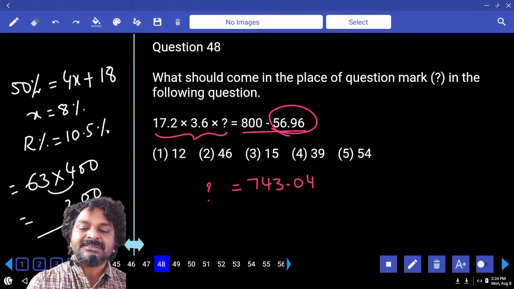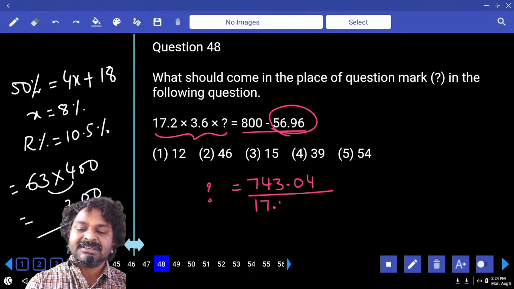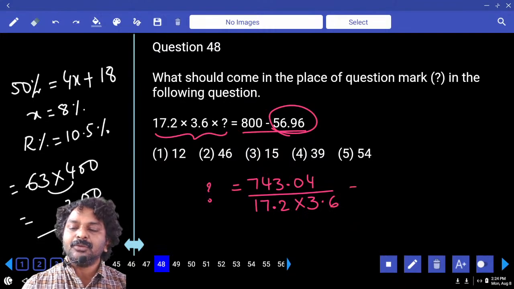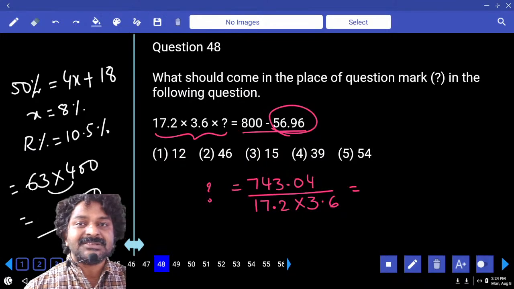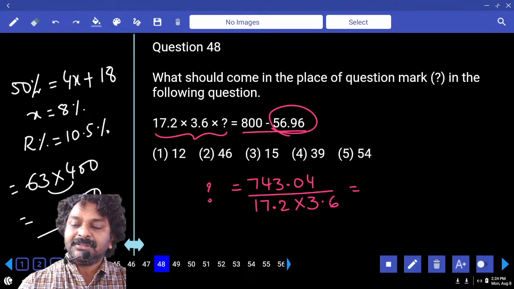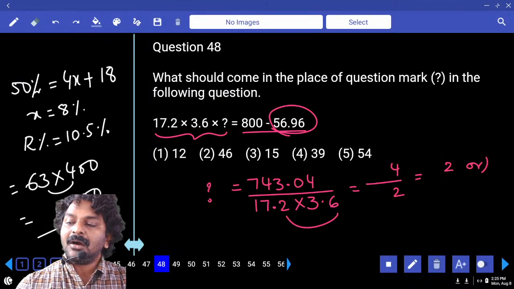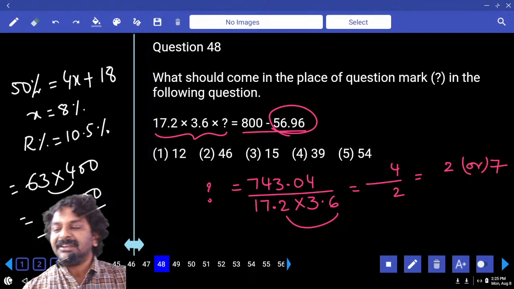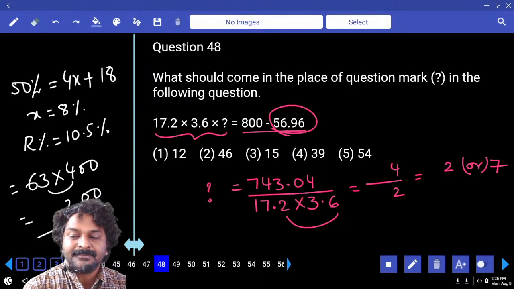Then to get the x value, the remaining two numbers go to the right hand side and it becomes 17.2 into 3.6. In the numerator, how many digits are there after the decimal? Even in the denominator it is the same. So the numerator ends with, the denominator ends with, then 2 into which number ends with 4? Either 2 or 7. That means the answer must end with either 2 or 7 only. How many are there? Only one. First final.